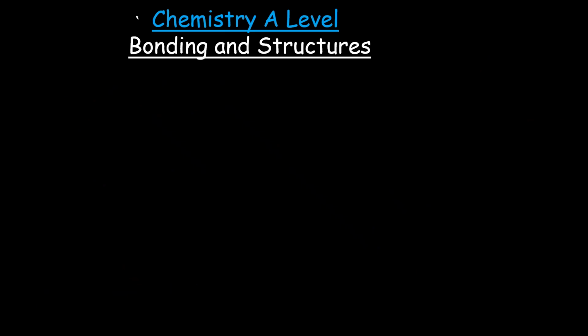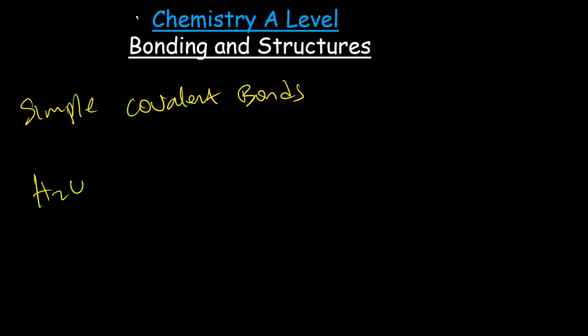So lastly, let's look at simple covalent bond. Basically, this is the bond that is holding simple molecules together. Let's say for example we have H2O. The bond in H2O itself is a covalent bond.